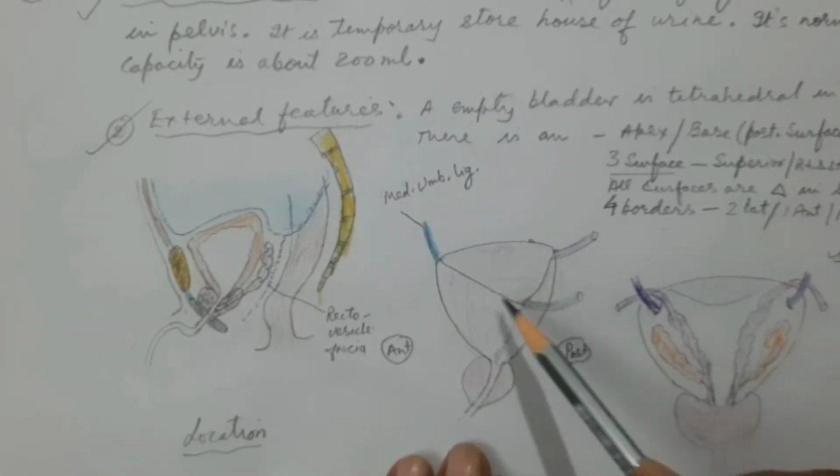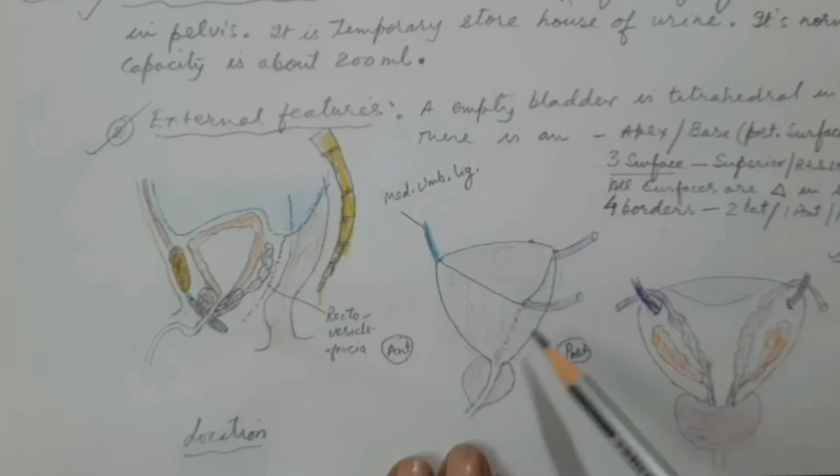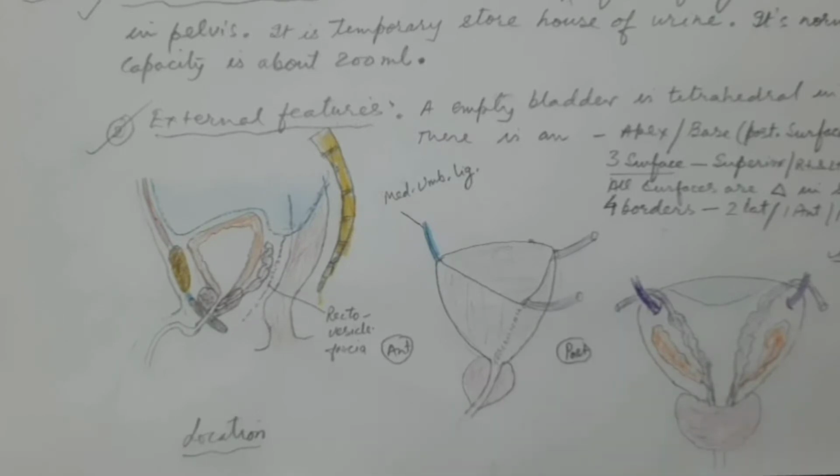For example, it has superior, lateral and posterior surfaces, all triangular, and this shape is called tetrahedral. If you have seen a samosa, an Indian snack, that is also tetrahedral in shape. Thus a urinary bladder resembles the shape of a samosa, when it is empty.